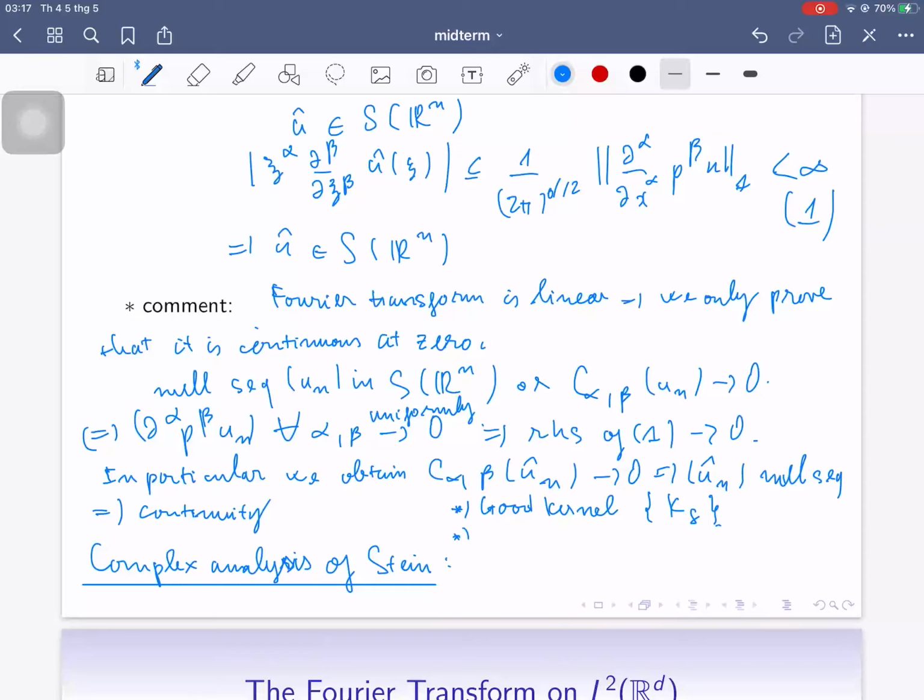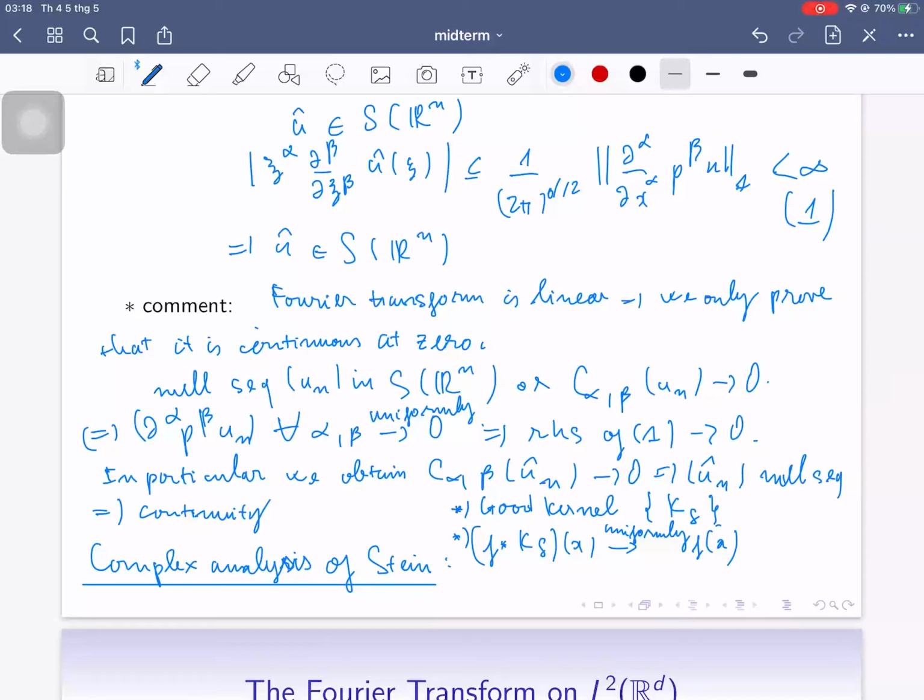Then we do a preparation so that the convolution of f and K_n(x) will converge uniformly to f(x).